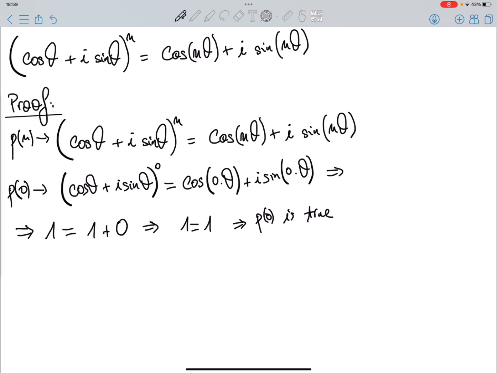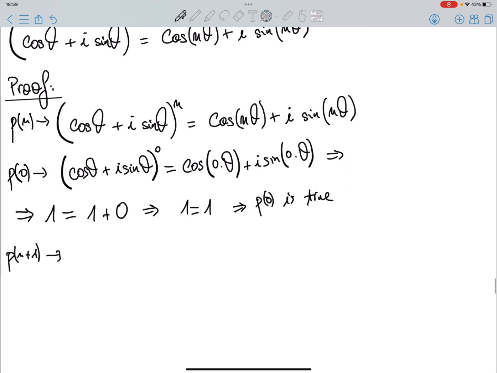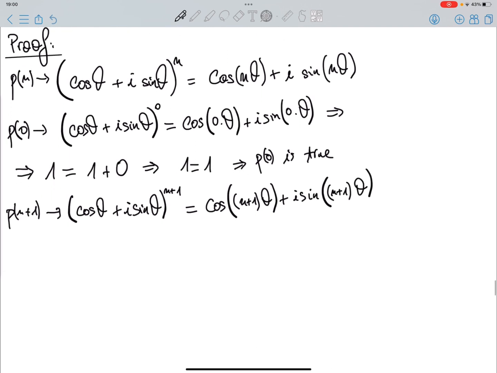P(n+1) is basically substituting n+1 every time that we have n, so (cos θ + i sin θ)^(n+1) is equal to cos((n+1)θ) + i sin((n+1)θ).